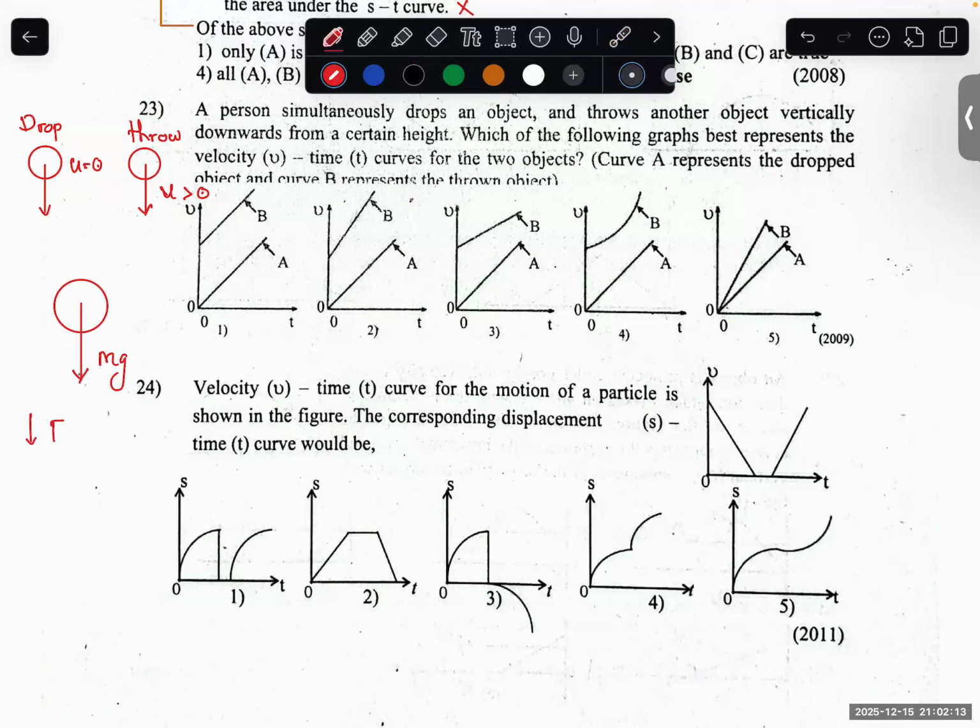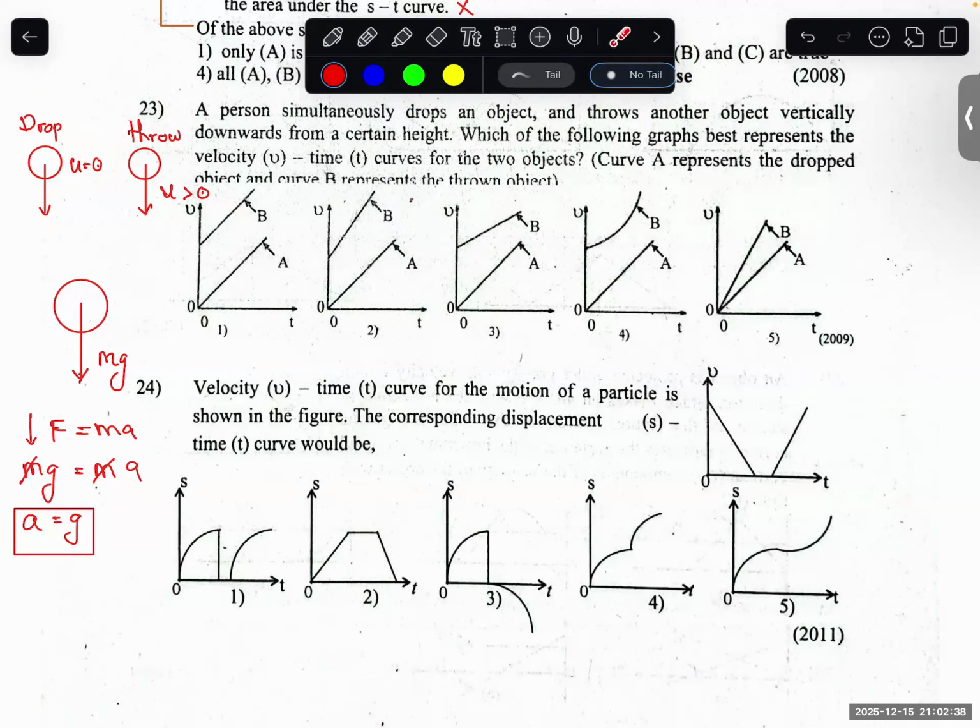Using downwards F equals ma, for F you put mg equal to ma. You can cancel the m's, so a will be equal to g, for any object, in the downwards direction. So in the velocity time graph, the acceleration should be the same because it's g.